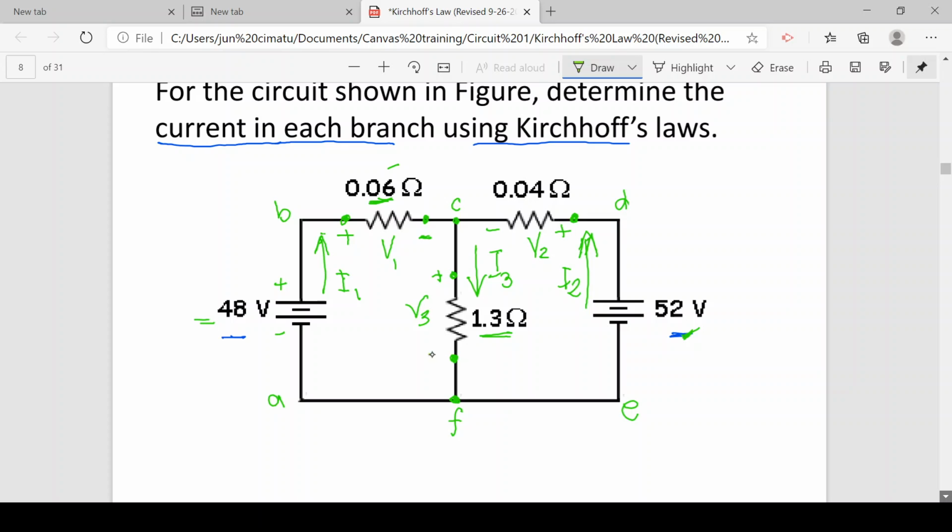And this terminal is therefore negative. The 52 volt battery, this is positive and this is negative. And as we can see, the voltages in all of the elements were identified, and therefore we can now apply Kirchhoff's voltage law.